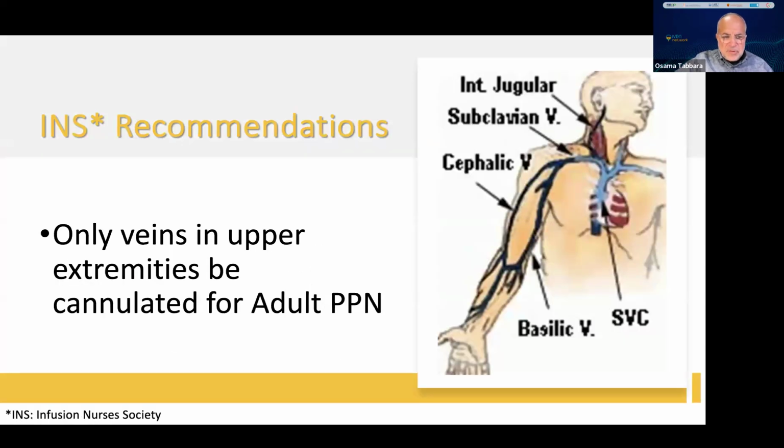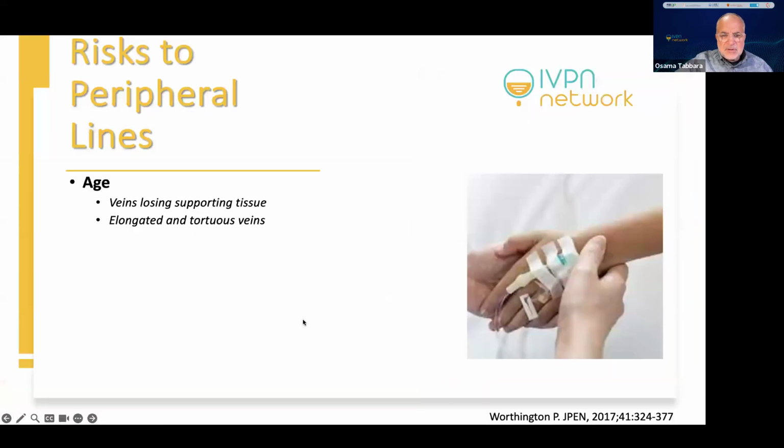The Infusion Nurses Society recommends that only veins in the upper extremities be cannulated for adult peripheral parenteral nutrition. We have to understand that age is a very high risk factor. We have the chance of losing supporting tissue, and elongated and tortuous veins.